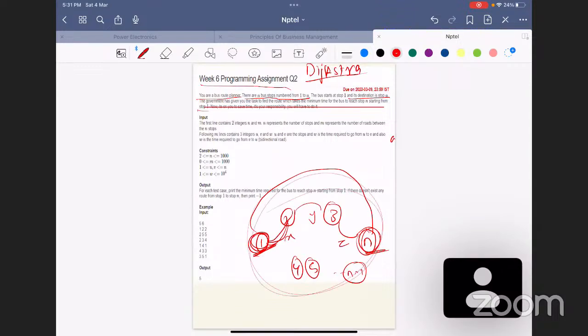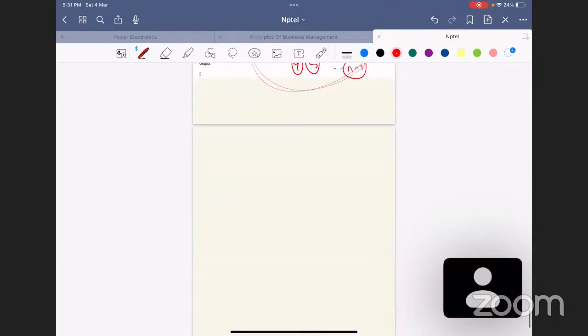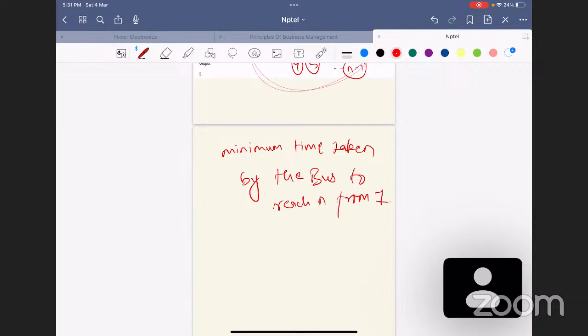And in this way, in this network, you want to calculate the minimum time taken by the bus to reach n from 1. Okay, so you have to plan such a route such that the bus takes minimum time.